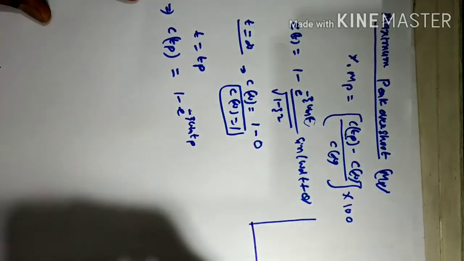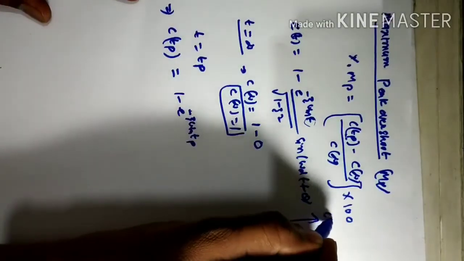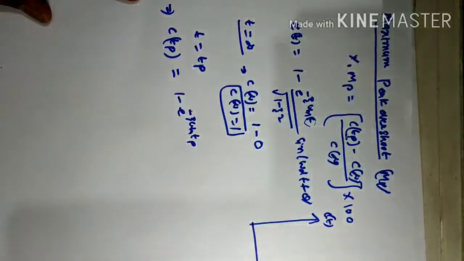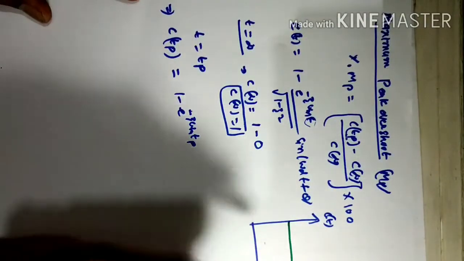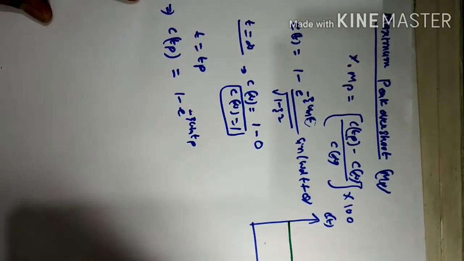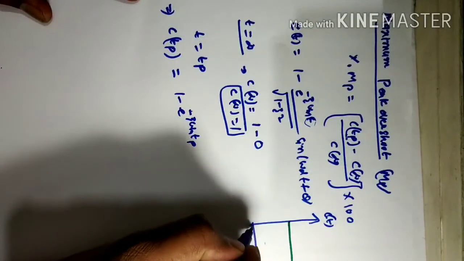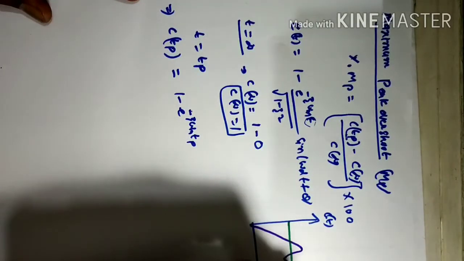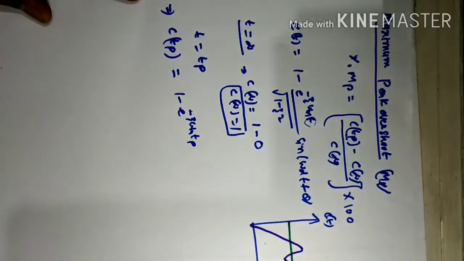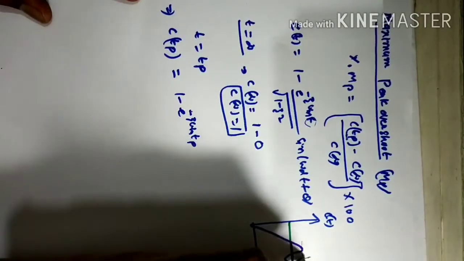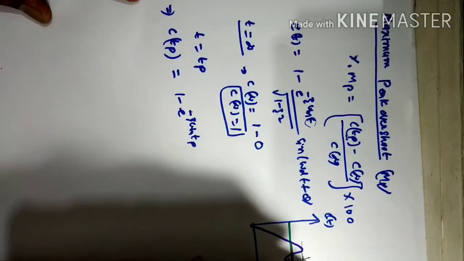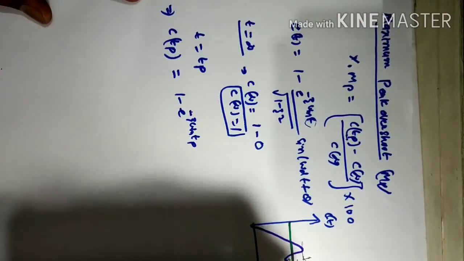You know this is c(t), and your step signal is this, and you have this kind of response. So what is the maximum peak overshoot? This portion is the maximum peak overshoot.